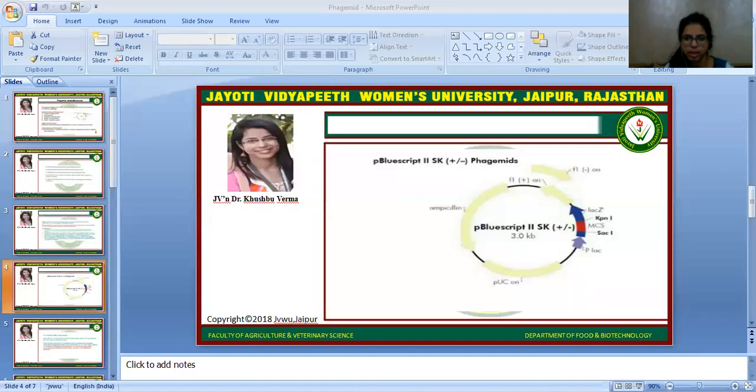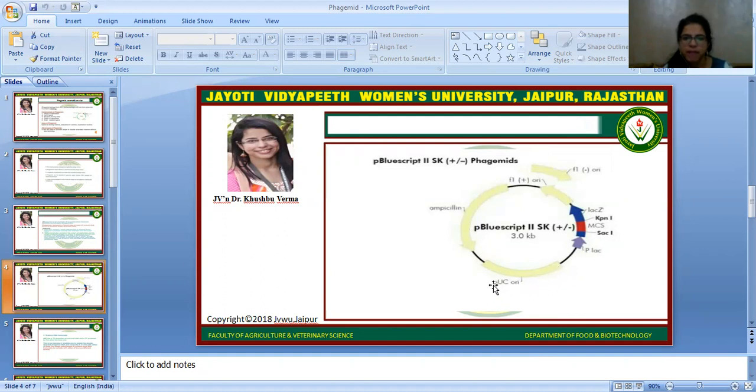Now we can understand the pBluescript vector structure more easily through its diagrammatic representation. You can simply see the pBluescript II SK plus or minus plasmid. Here you can see the origin of replication, from where single-stranded DNA can be synthesized, and this is the ampicillin resistance gene, the antibiotic marker for the selection of the recombinant vectors.